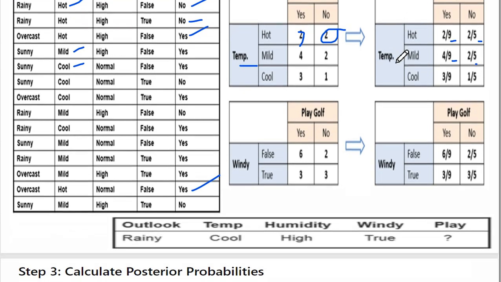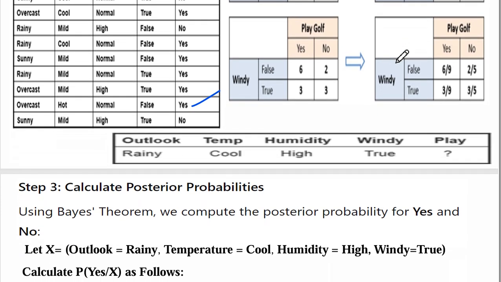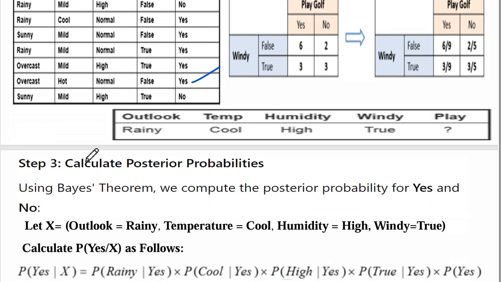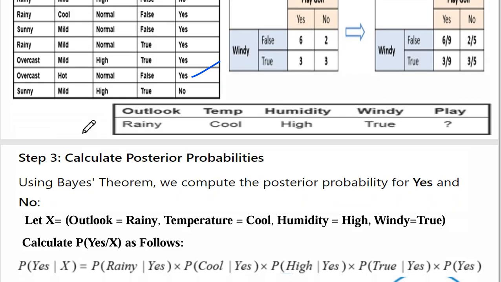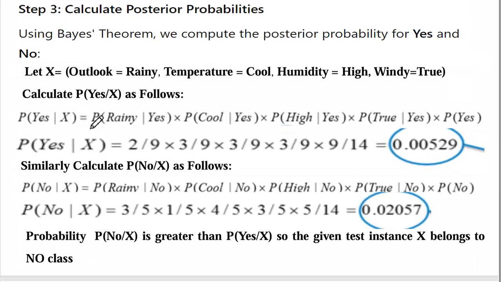Now after finding the frequency table, we have to find the class of the given test instance. For example, here I'm taking the instance outlook equal to rainy, temperature equal to cool, humidity equal to high, wind equal to true. We have to find out what is the class of this test instance X. Now what we have to do?